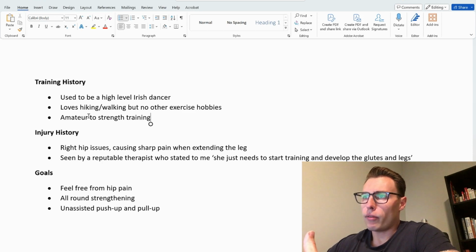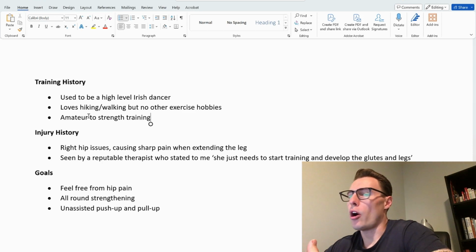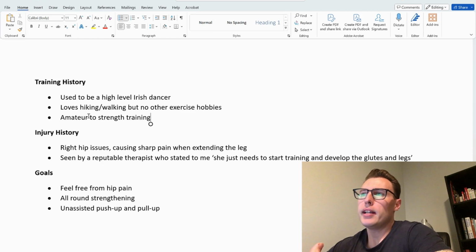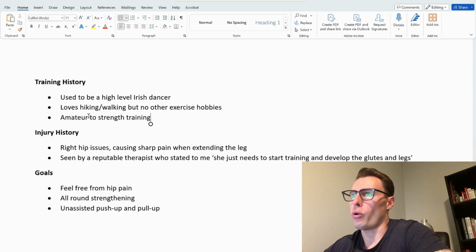And the fact that they love hiking and walking on their own time shows me that it's going to be pretty easy for them to maintain an active lifestyle. So when it comes to programming more specific cardio or conditioning routines, we may not even need to worry about that, given that they're so active outside of the gym already, at least initially. We could just focus more on the strength training side of things.